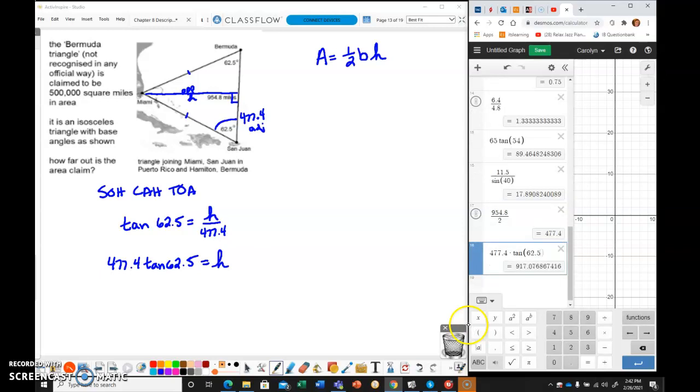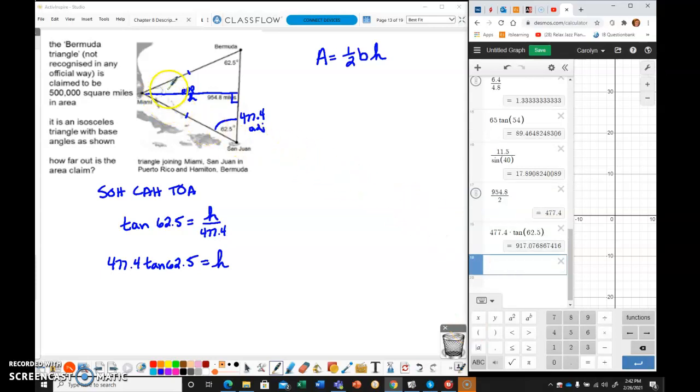And again, I'm using the same calculator I was using before, so I know I'm already set to degrees. So that means that the height of this triangle, which is the missing piece to find the area, is 917.08 miles.